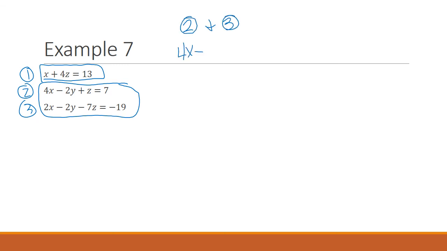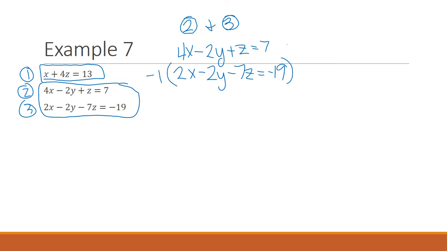So we've got 4x minus 2y plus z equals 7, and 2x minus 2y minus 7z equals negative 19. So I'm going to multiply the bottom by negative 1 so that my y's will cancel out.